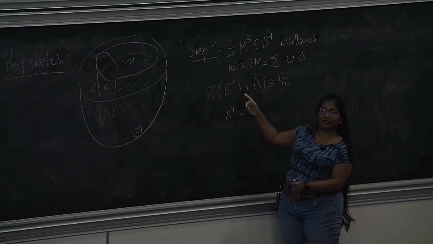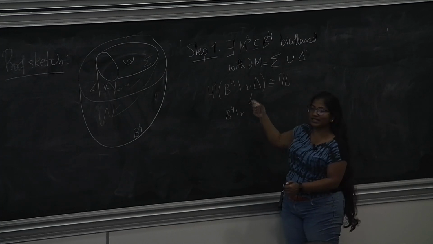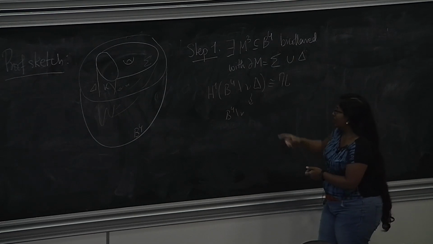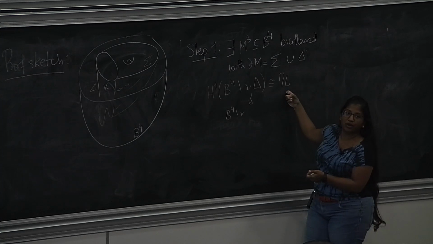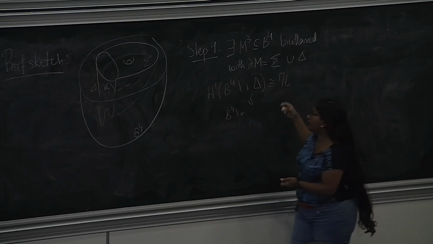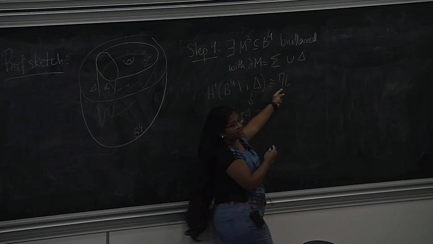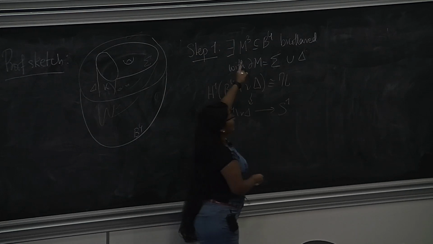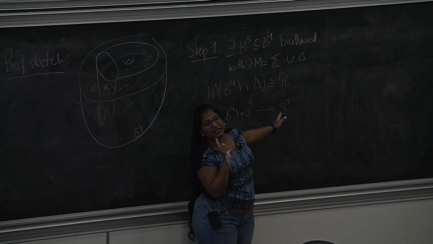But if you were to go through this thing that I'm about to write in orange, you'll see why it matters. This complement of delta has H upper 1 equal to Z, and that means that there's a map from here to K(Z,1), which is S1. And this M3 comes very similarly to what we did in our first proof.